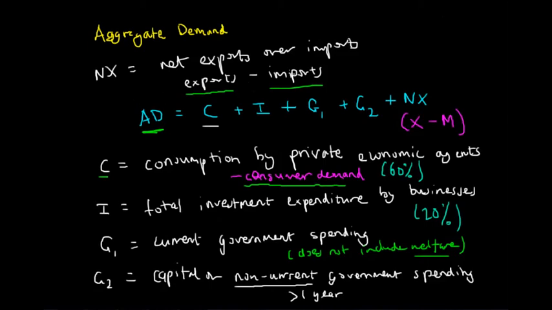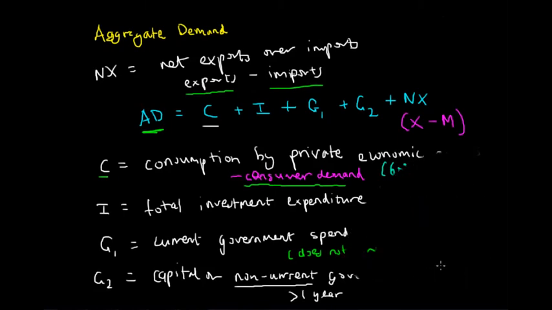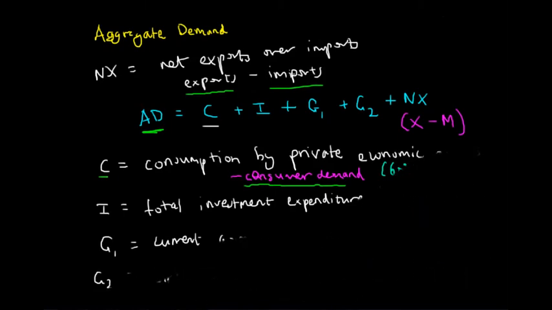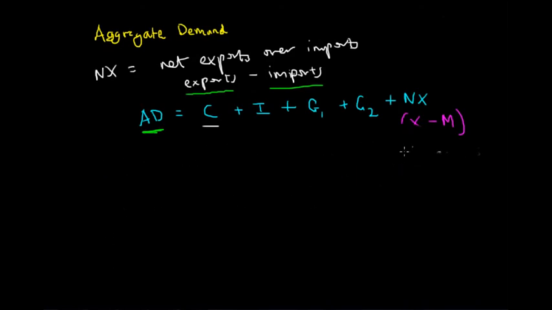Now we can draw the aggregate demand like we do as a macroeconomic demand curve. So the aggregate demand curve exhibits the same behavior as a microeconomic demand curve, which you can see here.